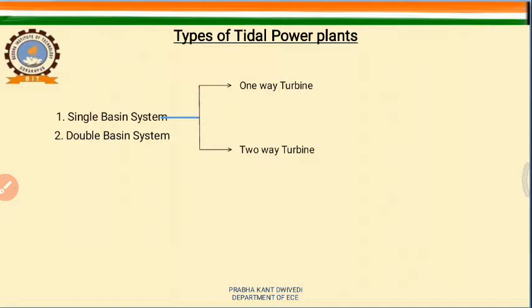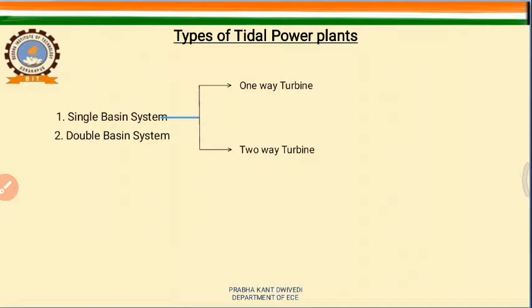So tidal power plants can be classified on the basis of construction of their basin. The tidal power plants can be classified as single basin system or double basin system.